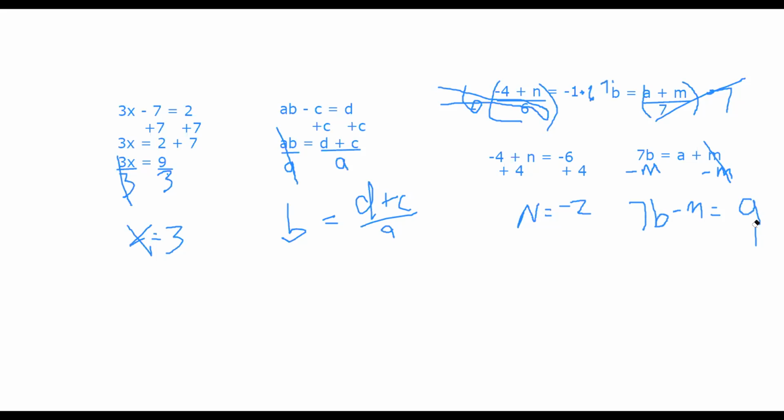In these kinds of problems, you will never get a final answer that says N equals 5 or M equals 4 or B equals 13, because all we are doing is rearranging the terms to solve for a different variable.